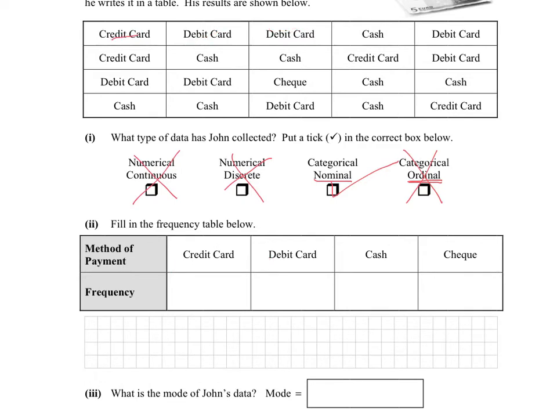So credit 1, 2, 3, 4 seems to be all the number of credit cards. Debit cards 1, 2, 3, 4, 5, 6, 7 debit cards. Cash 1, 2, 3, 4, 5, 6, 7, 8, and check 1.